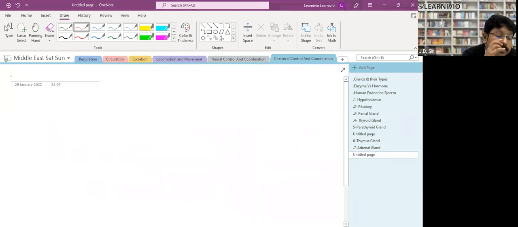Now here we are studying the endocrine part of the pancreas gland. The gland number is 818.